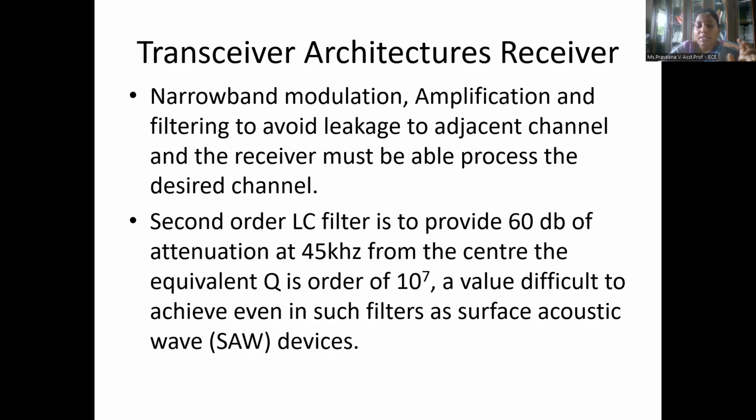For example, a second order LC filter needs 60 dB attenuation at 45-degree offset. So it requires a high Q factor, which is impractical even with advanced SAW filter technology. SAW is nothing but surface acoustic wave.